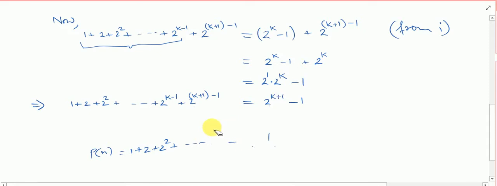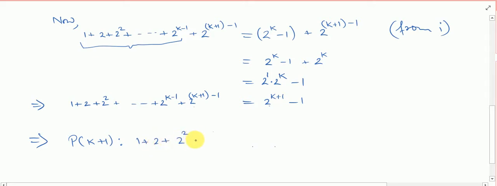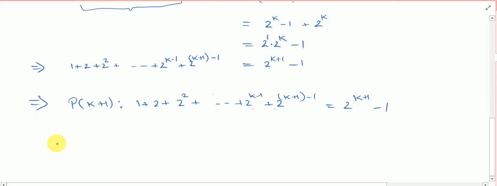Yes, so you can see that this is nothing but the Pk plus 1 statement, okay. So this implies that equal to 2 to the power k plus 1 minus 1.